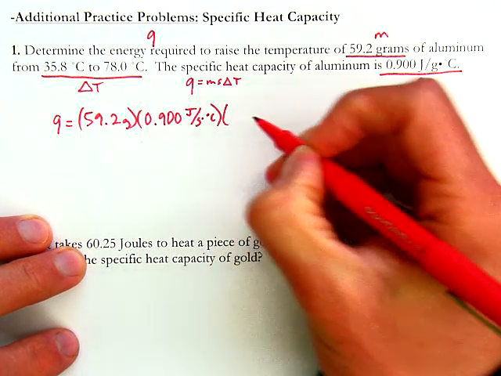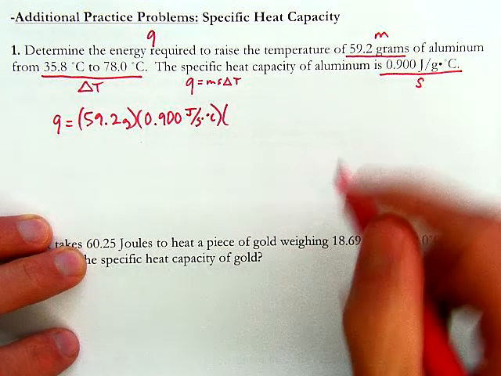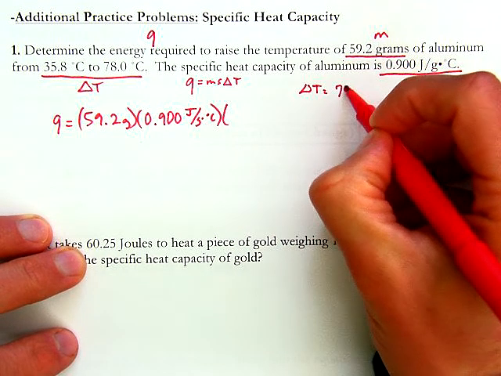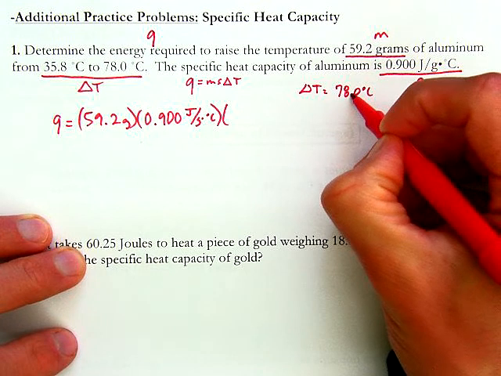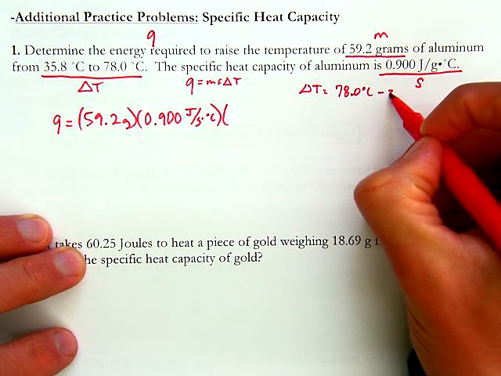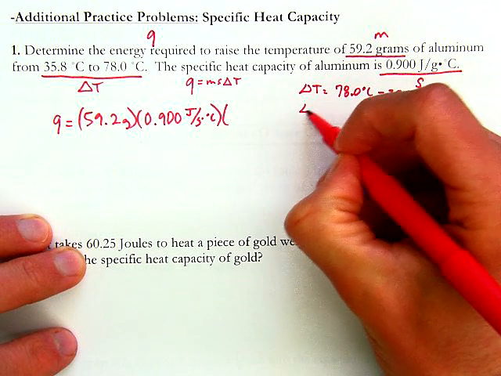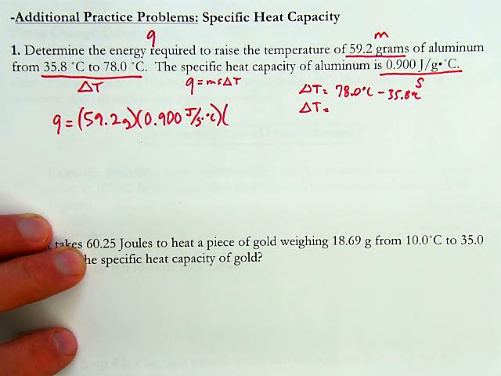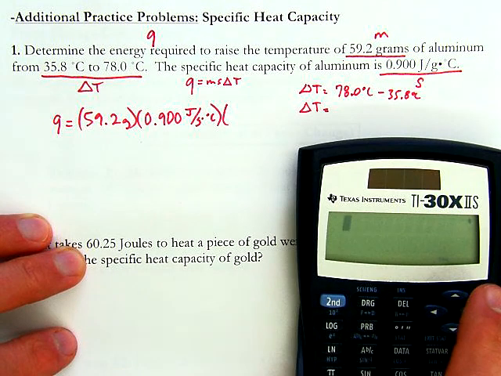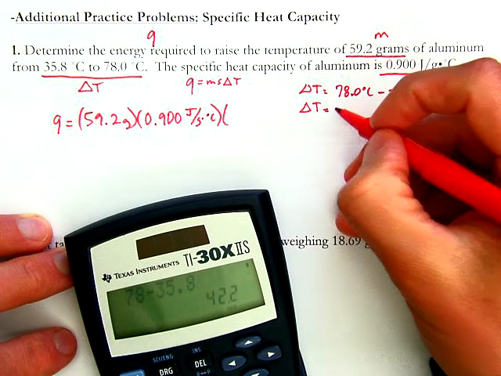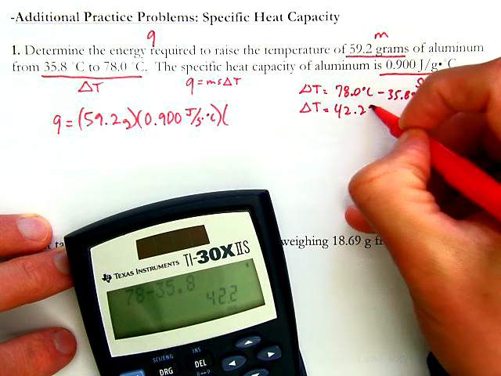And then our delta T. Now delta T is final minus initial, so delta T is going to equal 78 degrees Celsius minus 35.8 degrees Celsius. So our delta T, we'll just put that in there, 78 minus 35.8, 42.2 is our delta T.